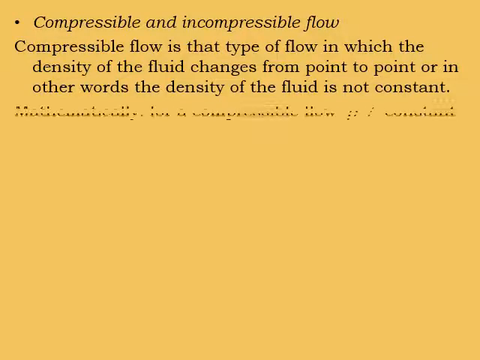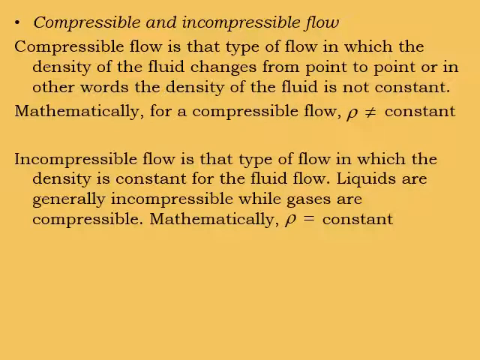Mathematically, for compressible flow, density is not constant. Incompressible flow is that type of flow in which density is constant for the fluid flow. The density remains constant throughout its flow.